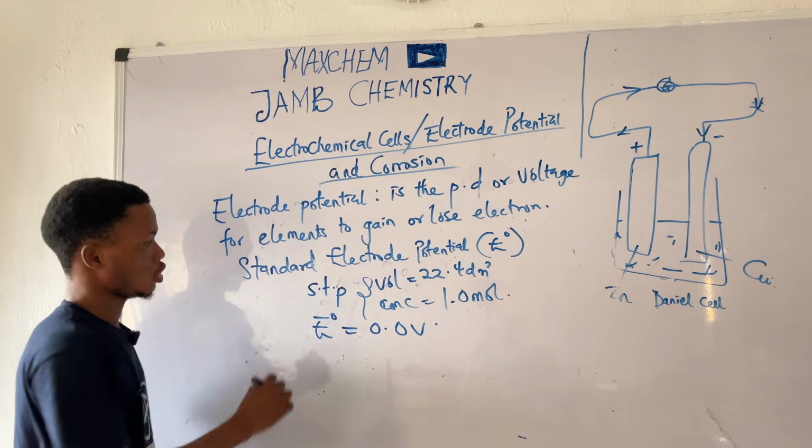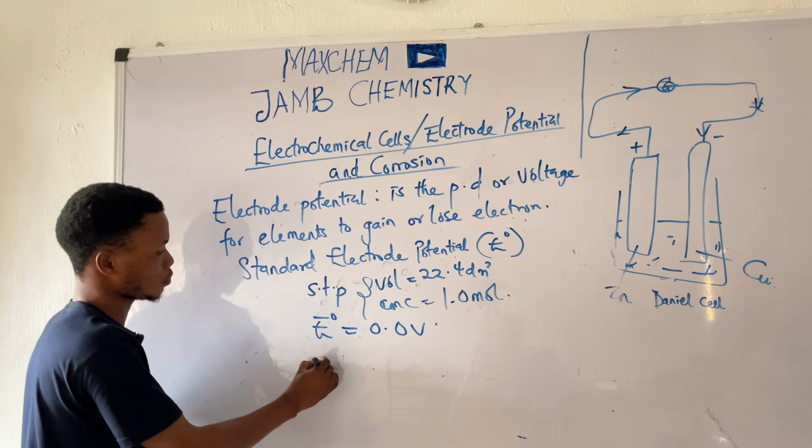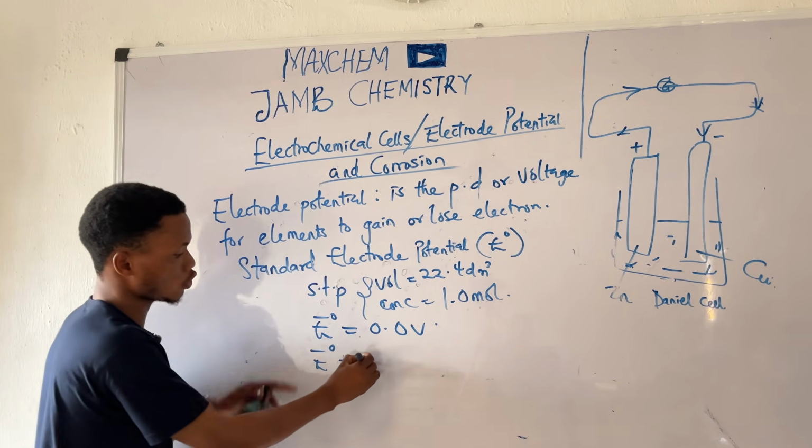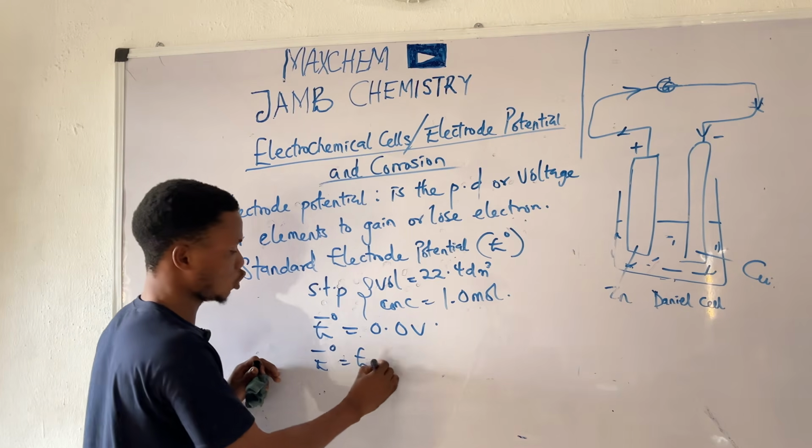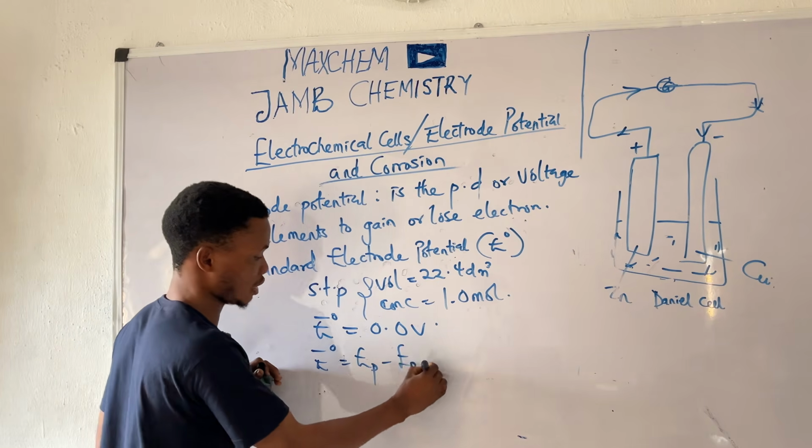Cell potential can be gotten from the cell, that is the potential from the products minus the potential from the reactants.